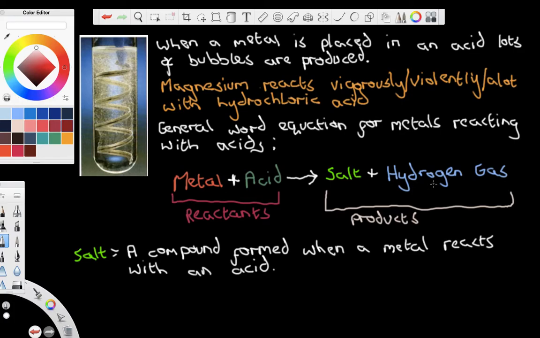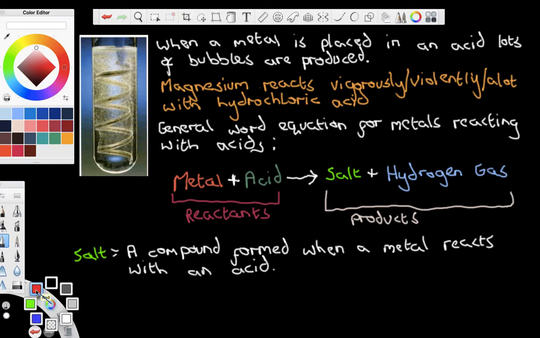We'll make a salt and hydrogen gas. And now a salt is a compound formed when a metal reacts with an acid. The gas that you can see in this test tube, or the bubbles that you can see, is hydrogen. Whereas the salt made with this would be magnesium chloride, which we will talk about in a minute.